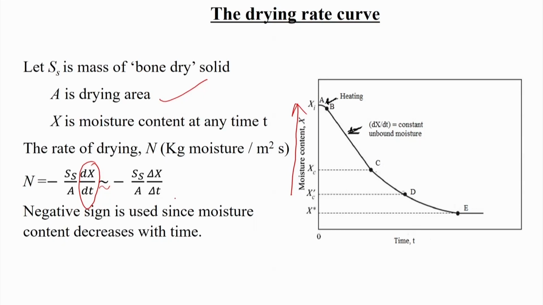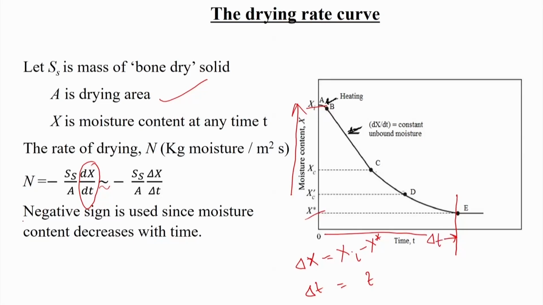If we start from x i and reach x star, then delta x will be x i minus x star, and delta t will be the total time required from this to this.